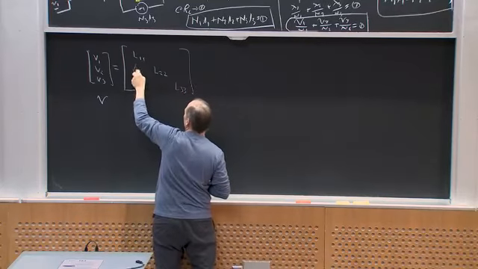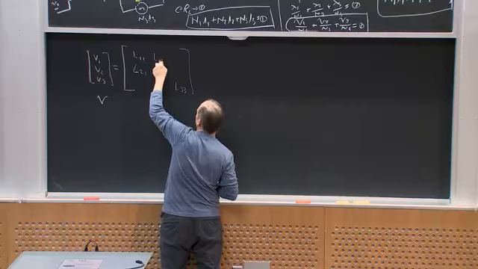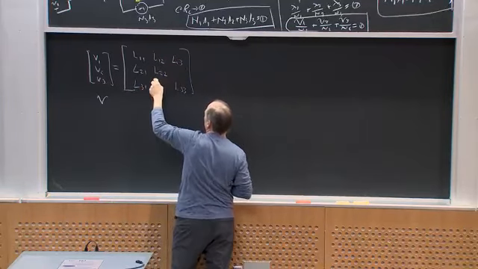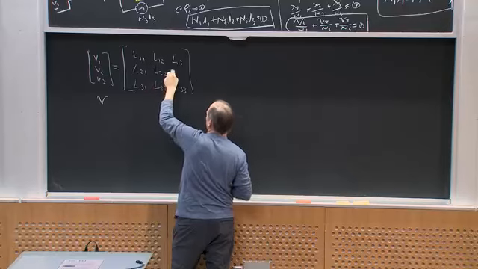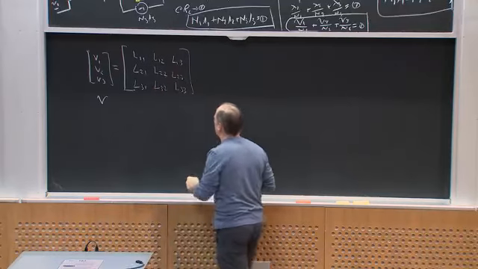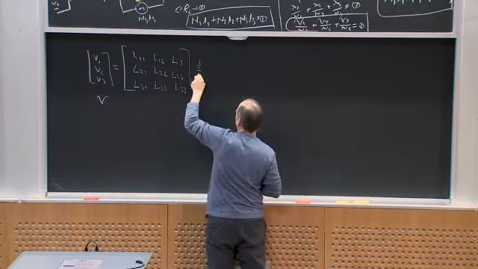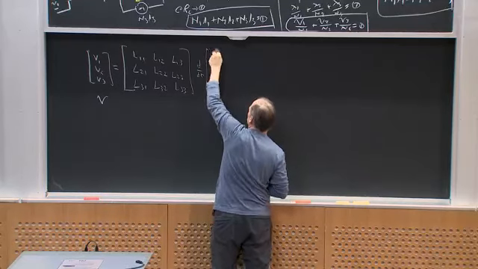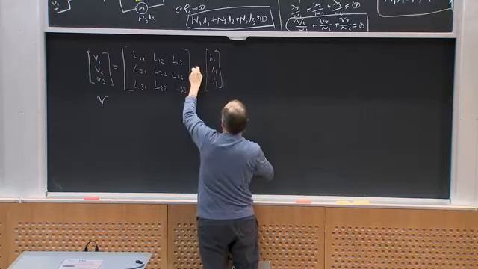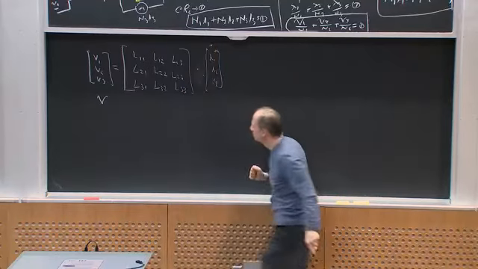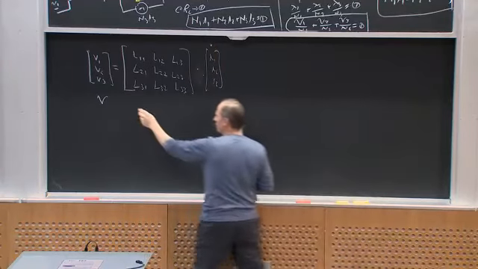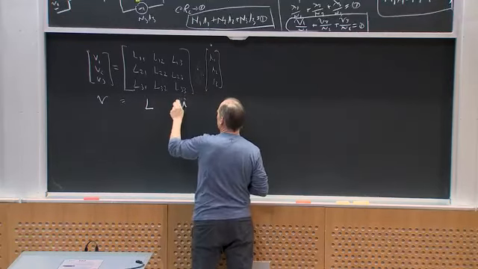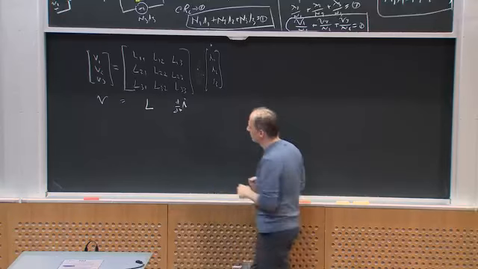So L21 would equal L12, L31 would equal L13, and L32 would equal L23, okay? Times d/dt of I1, I2, I3. Maybe I would write it as I1, I2, I3 dot. So this is V equal to L matrix times I dot, or di/dt. Okay?